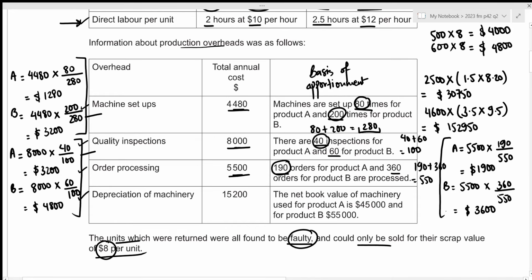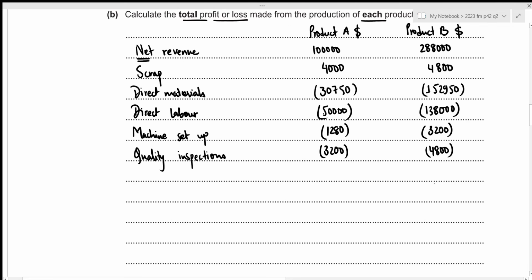So these two are for our order processing. Let's write it down. For product A, that was 1,900, and for product B, it was 3,600.